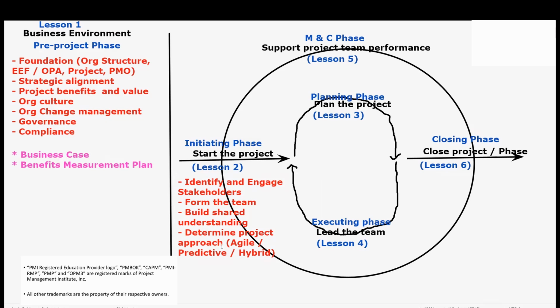If we say we are going to follow a predictive approach, then the way you do your planning will be completely different. So in other words, we need to be clear about what approach we are going to take. Once we have that clarity, we can straight away start with the planning phase.